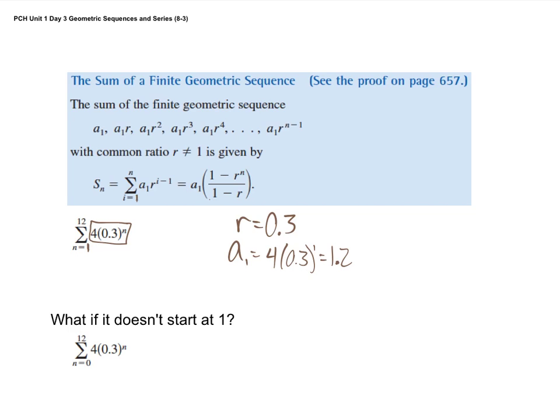Now the other thing I need is n for my formula. What's n in this case? 12. By the way, what's some other notation that we could use for this whole sum?